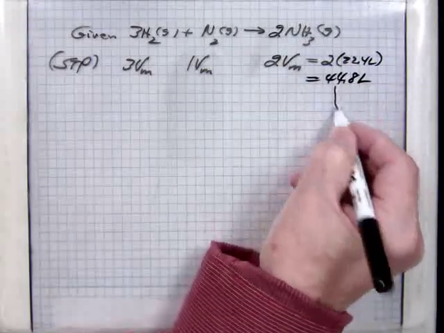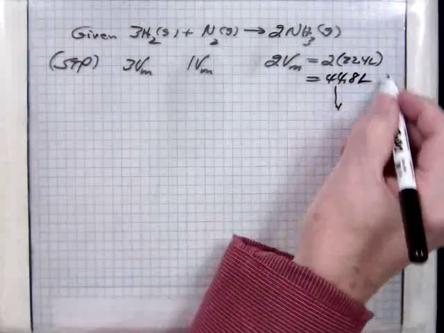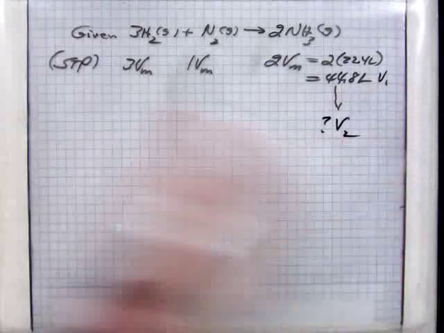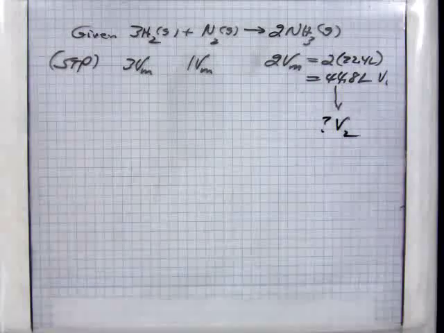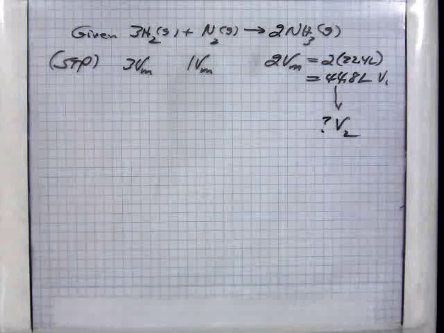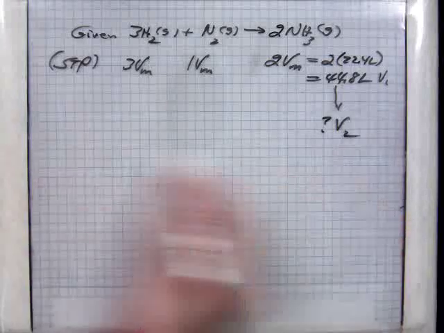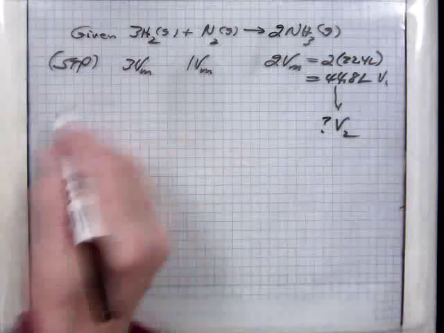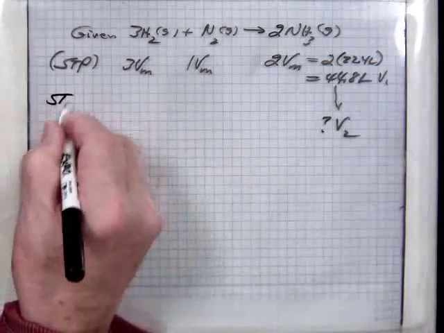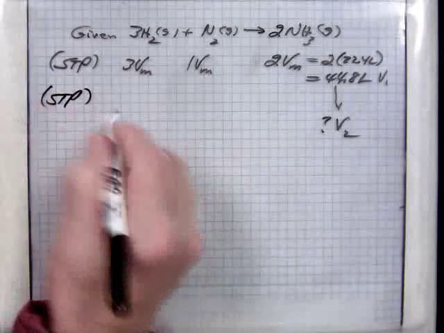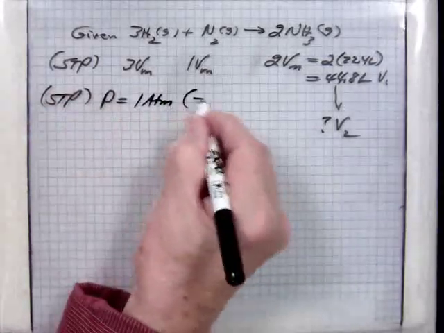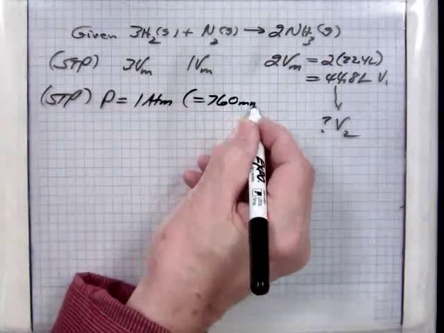So we're adjusting this from a volume 1 to a volume 2. So I'm trying to keep things in perspective on the problem. Now, we're going to calculate the pressure adjustment. And for the pressure adjustment, we're starting out at STP. Pressure is equal to 1 atmosphere, and that's equal to 760 millimeters of mercury.